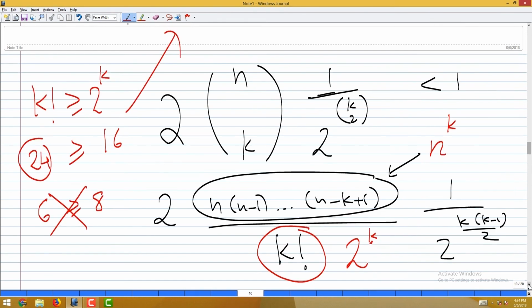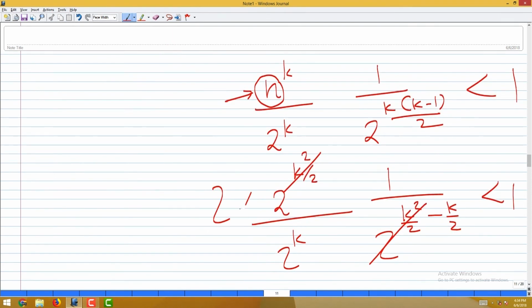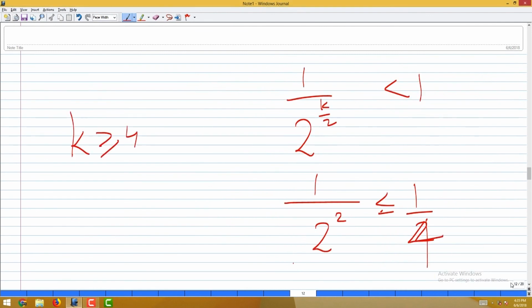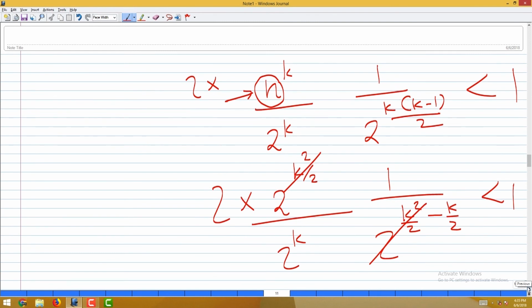There was a 2 term earlier also, 2 into n choose k. So that 2 term would take care of it, since everywhere there was a 2 term multiplier. So this was less than 1 by 2. Somewhere we are putting a strictly bigger value, because in many places we have already put a bigger value, therefore it is okay.